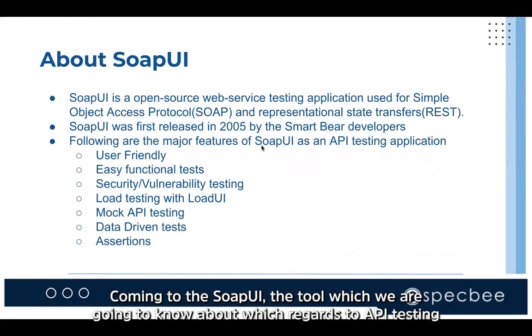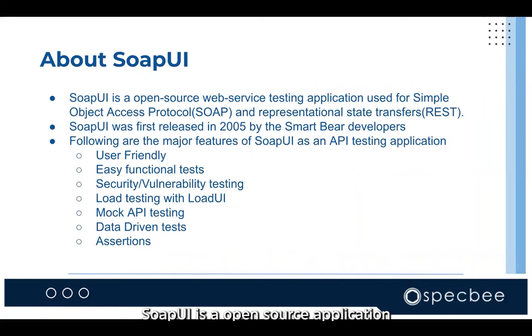Coming to SoapUI, the tool which we are going to know about with regards to API testing. SoapUI is an open source application, and it was developed by SmartBear in 2005. SoapUI is very user friendly. Of course, we can perform functional test cases.